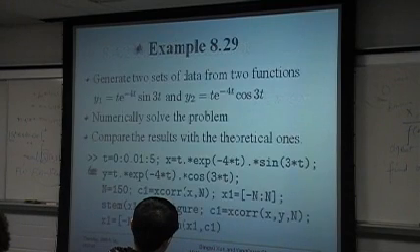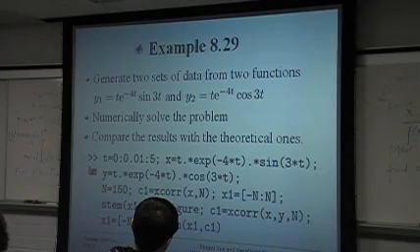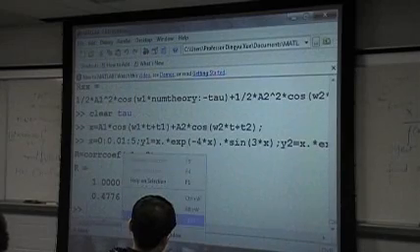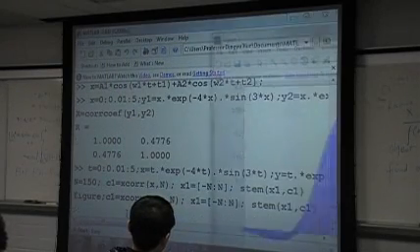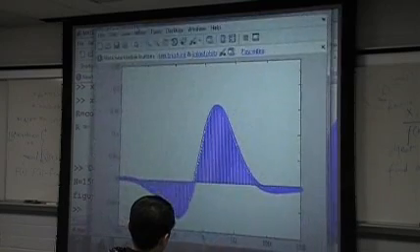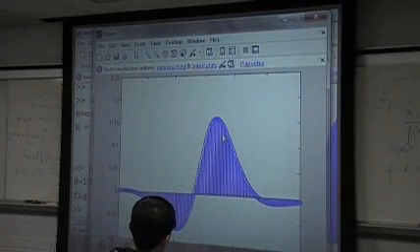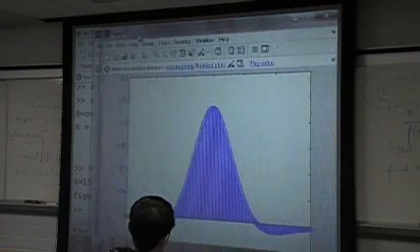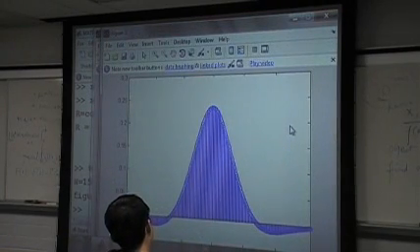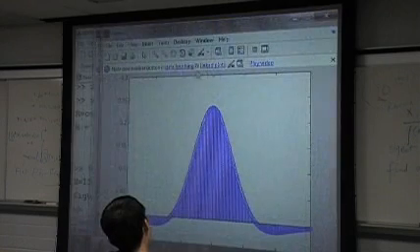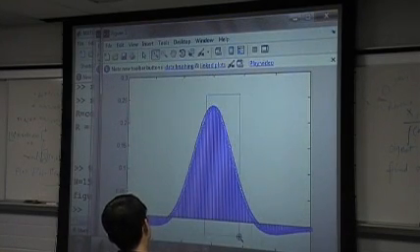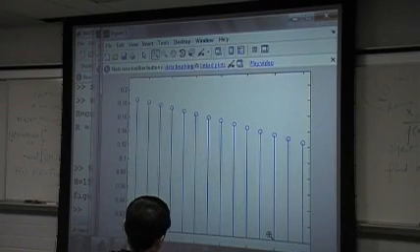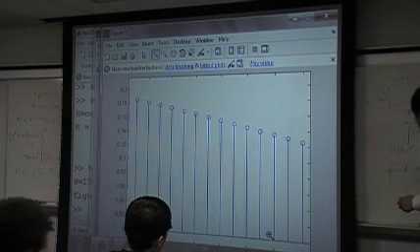The previous one defined the correlation matrix of the two signals. This one is the cross-correlation function and autocorrelation function. This is the standard way to describe the correlation function. And this one is obtained by the Matlab command xcorr.